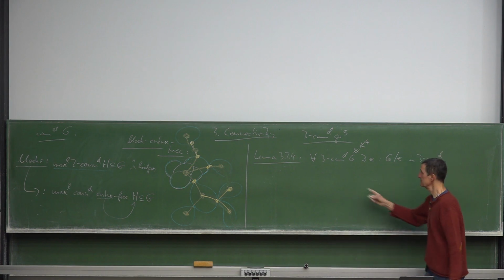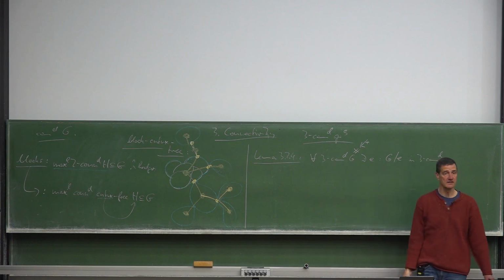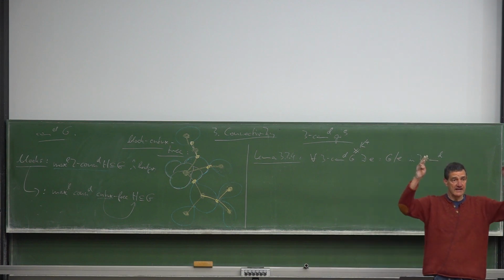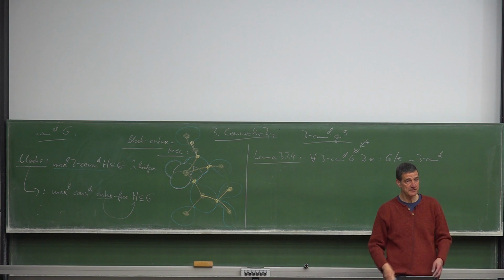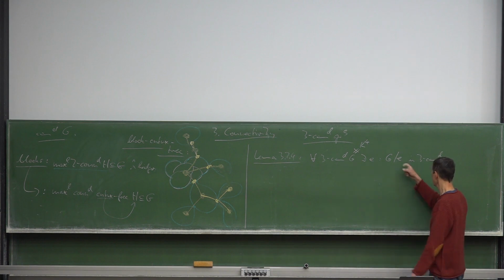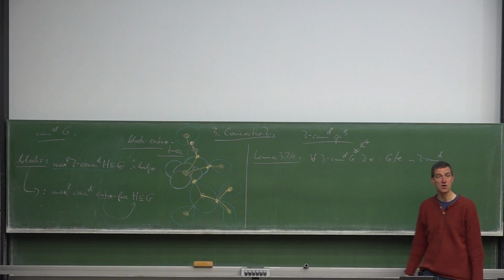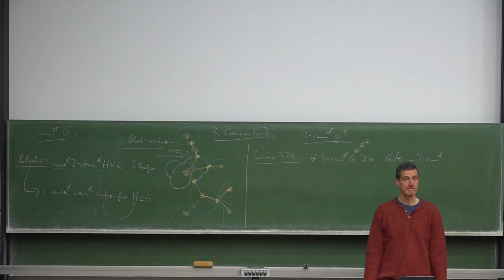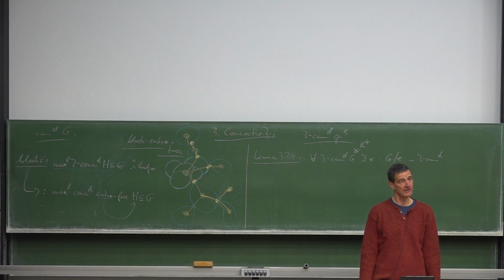So that means if we start with any three connected graph, we can contract edges, one after the other. We can always find one to contract, so that at the end of the day we'll end up with K4. Very nice.